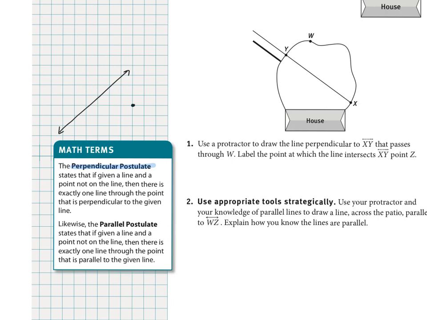It says there is exactly one line through this point that is going to be perpendicular to the given line. So let's see if I can best draw this. This is what it's saying. There's exactly one line through the point that can create a perpendicular relationship.